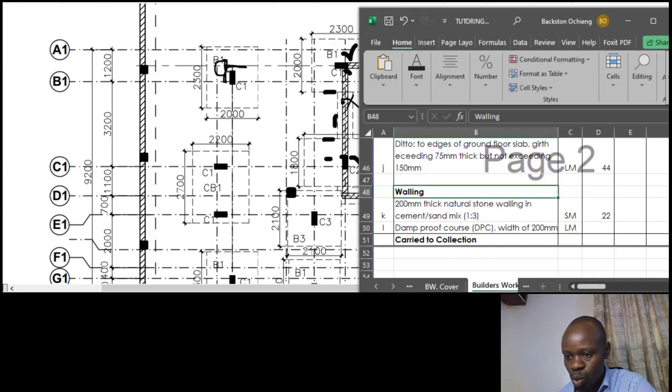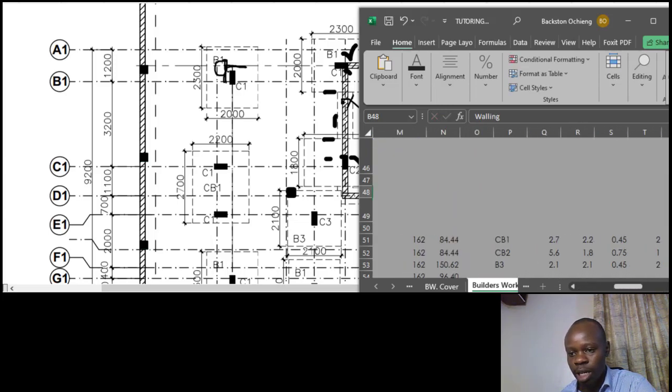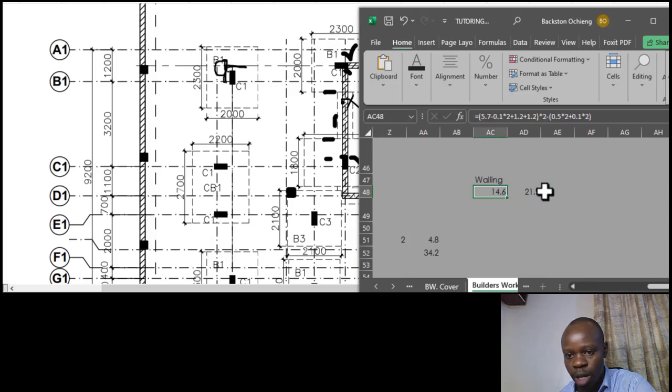So we get to what we've done to the side and confirm what that length is. Remember, at this point we subtracted for the columns and so on. So I would like us to see the total length, and this length is going to be the same as what we used.